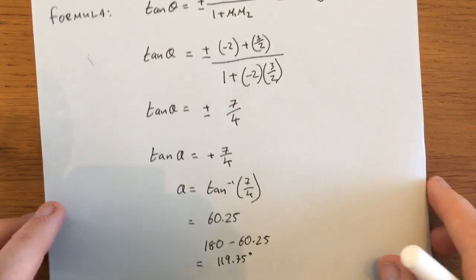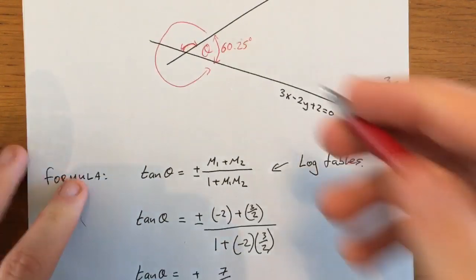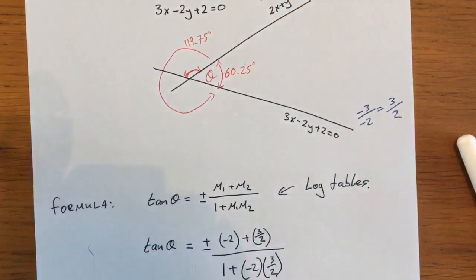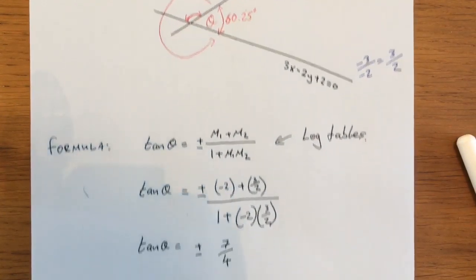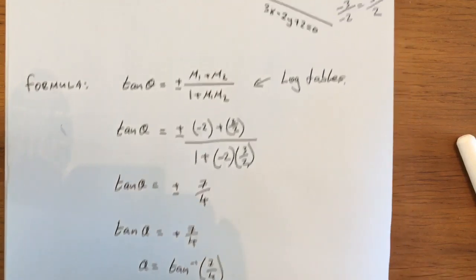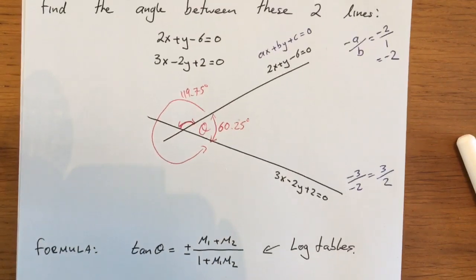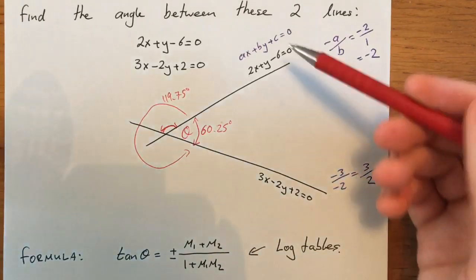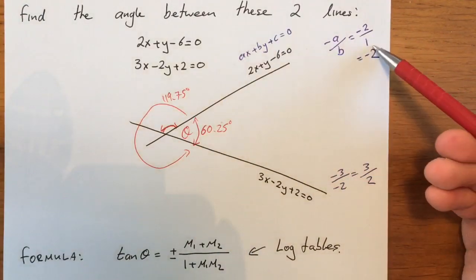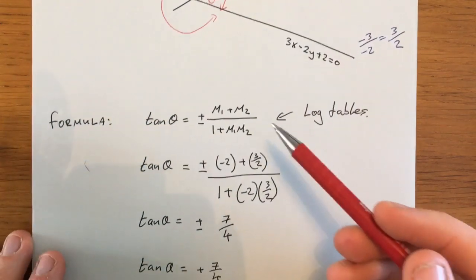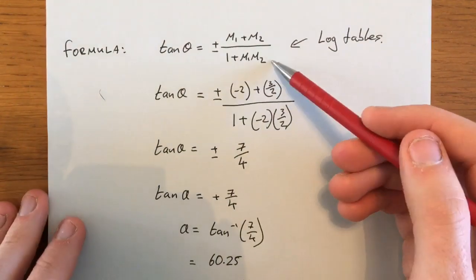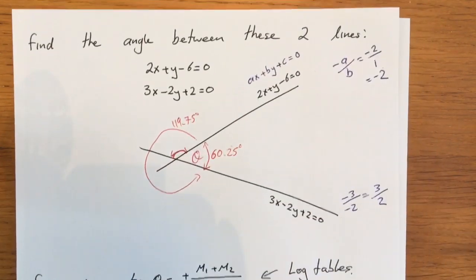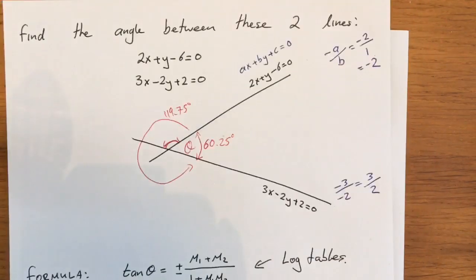So that gives us the other angle there, which is 119.75 degrees there. So that is how you find the acute angle between two different lines. All right, you will be given the equations of the two lines. You need to find the slopes, and then you are ready just to put everything into the formula, and it gives you out. And just remember, then you will have two answers. So that is that one there done.